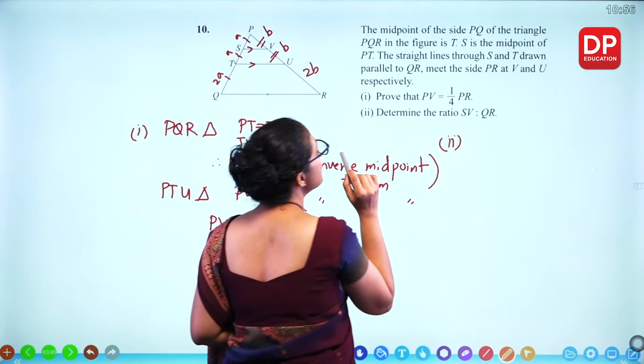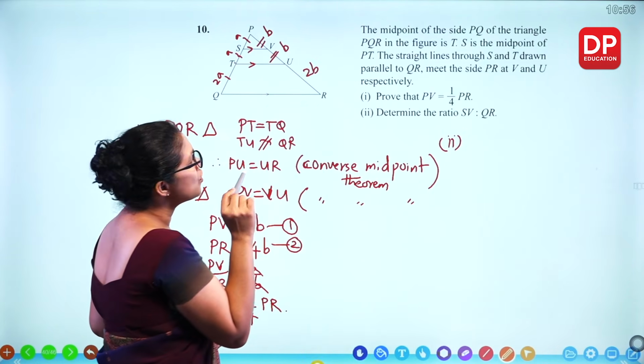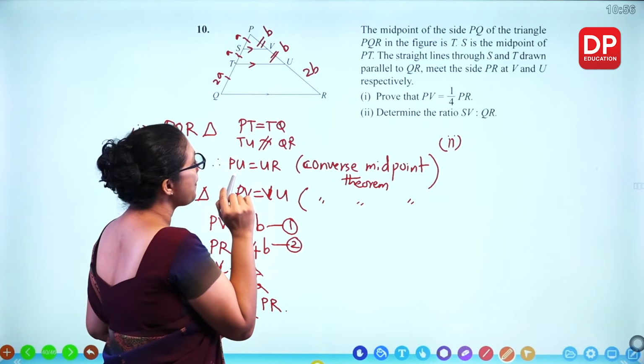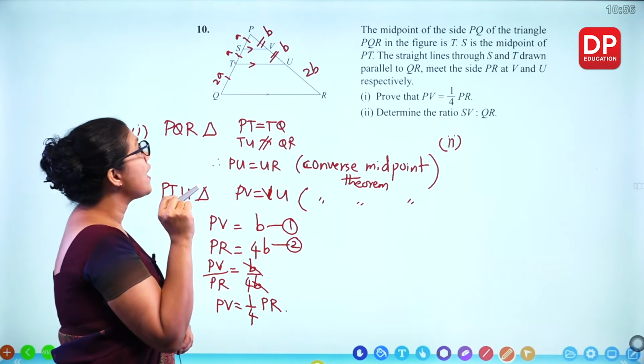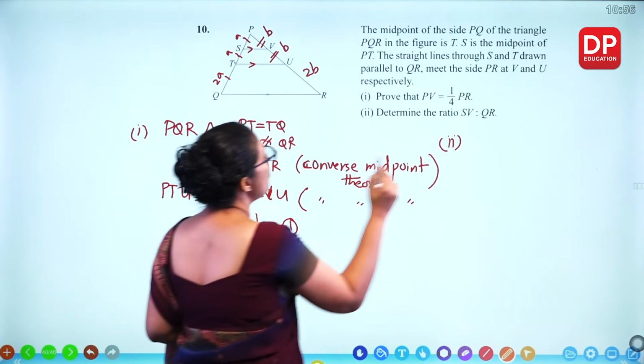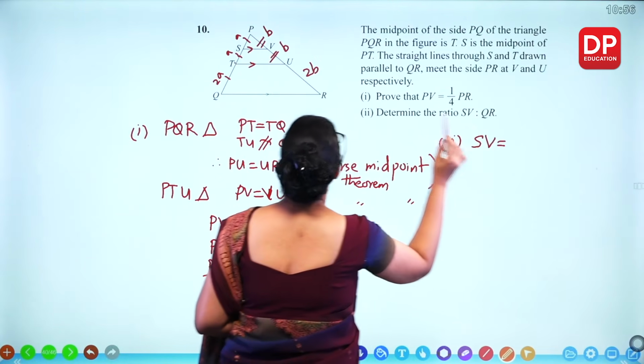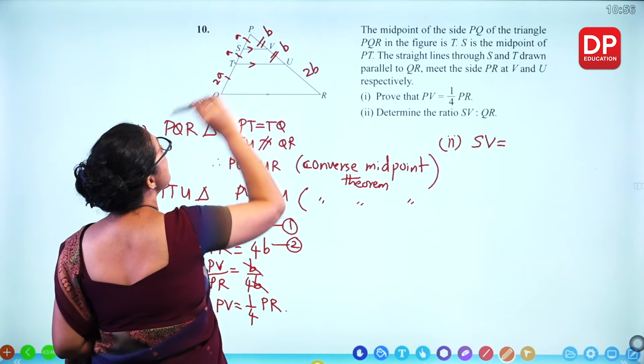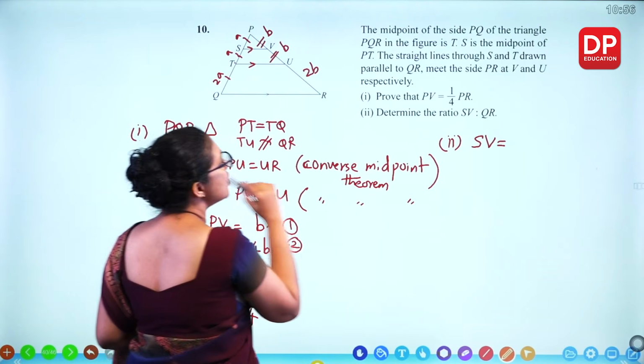determine the ratio SV to QR. Now according to the midpoint theorem, we know SV is half of TU.